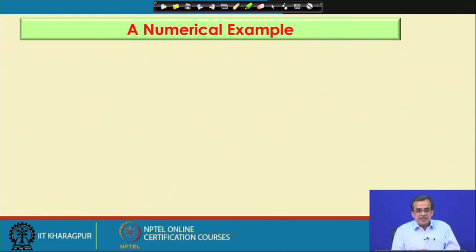Now, this particular algorithm is very popular, and I am going to explain its working principle with the help of one numerical example.